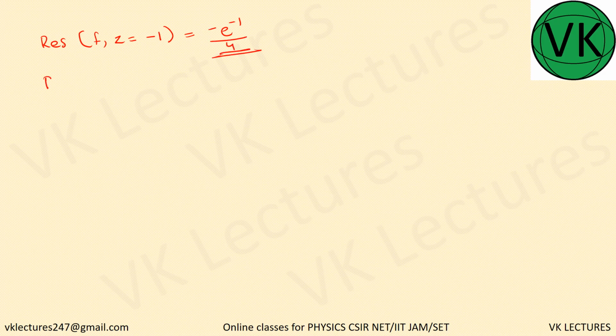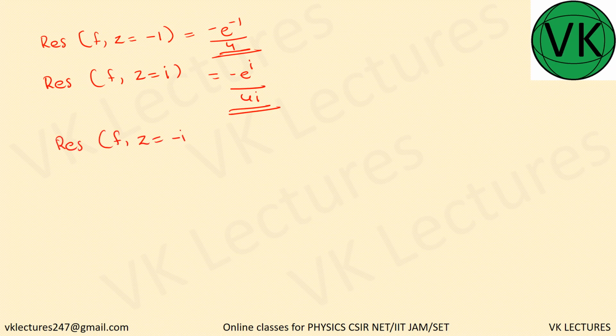Then residue of f of z at z is equal to i is e raised to i divided by 4i. Then residue at z is equal to minus i is e raised to minus i divided by 4i. So residues have been evaluated.